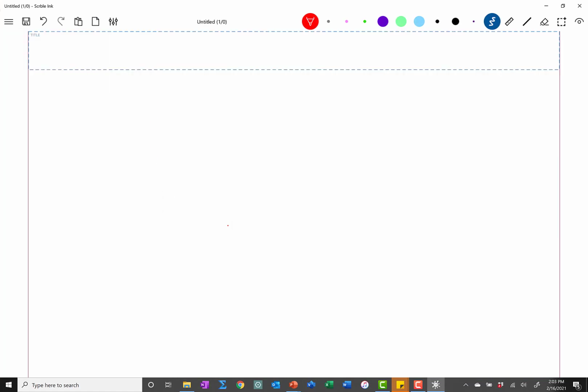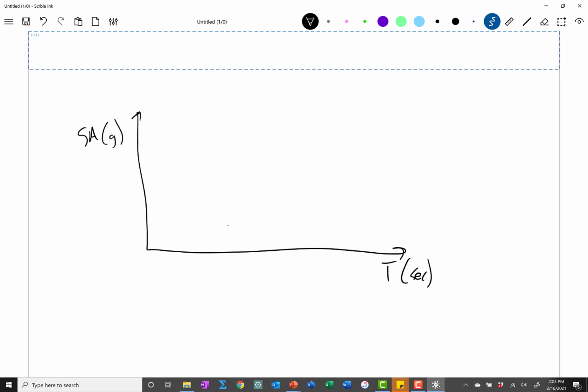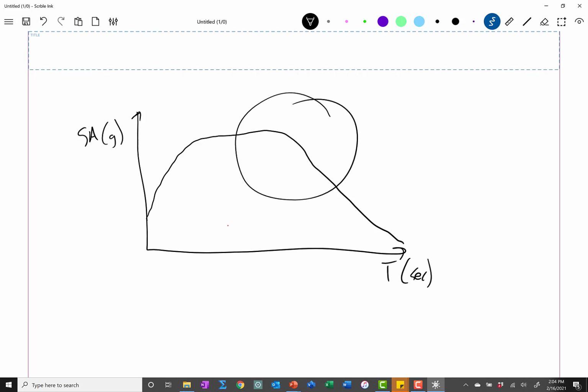Let's draw with black. There we go. All right, so if I have a site class F and I have my acceleration response spectrum, a site class F might look something like this, where it has an amplified response spectrum at higher periods.